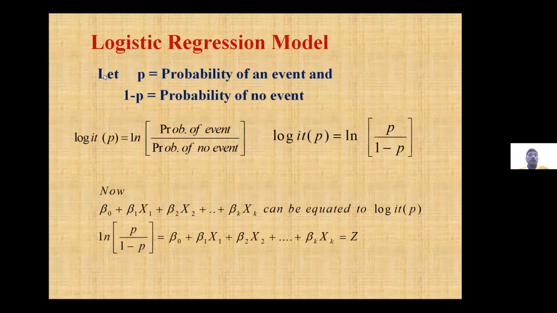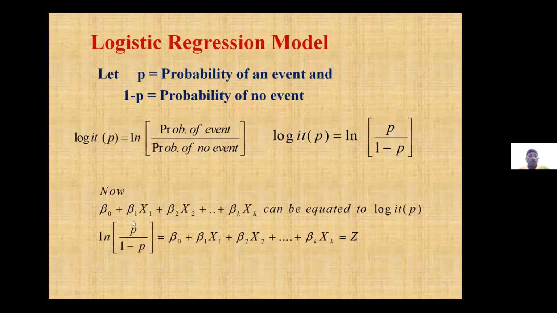In the logistic regression model, let P be the probability of an event and 1 minus P the probability of no event, no occurrence of the event. So logit P is equal to ln P upon 1 minus P, where ln is the natural logarithm of the probability of event divided by the probability of no event.